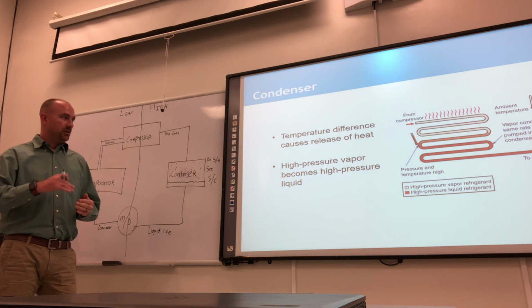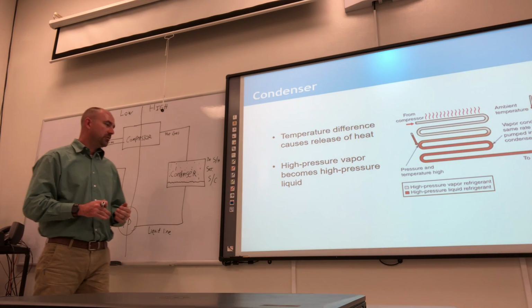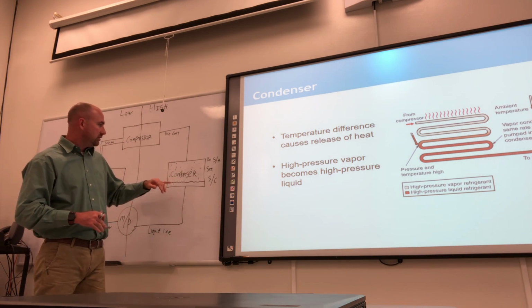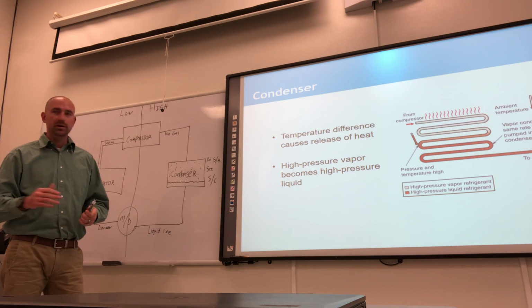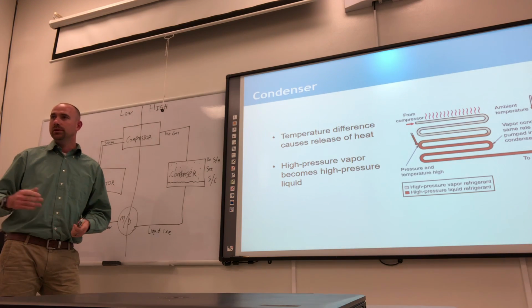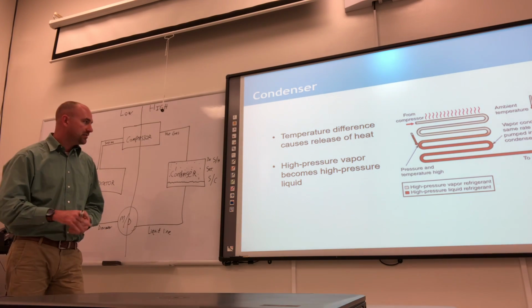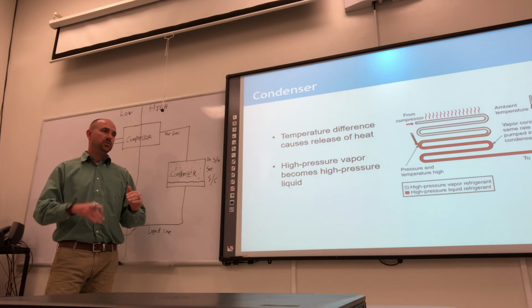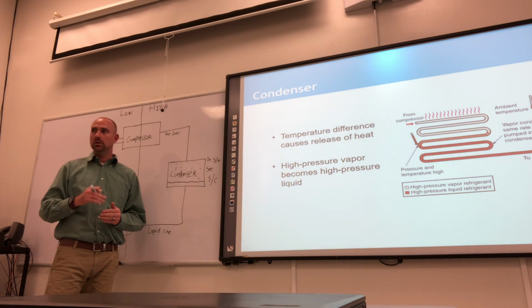If it's at 211 degrees, it's going to be in a liquid state, right? So at 211, that water would be 1 degree subcooled. At 213 degrees, it would be 1 degree superheated. So it's not necessarily a term of hot or cold. It's just relative to above the boiling point or below the boiling point.